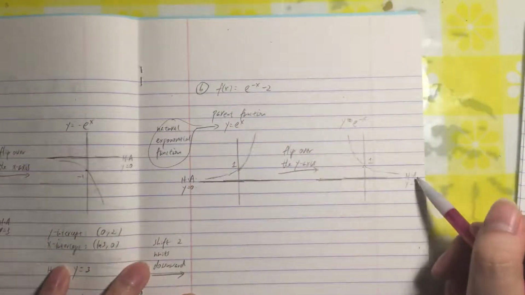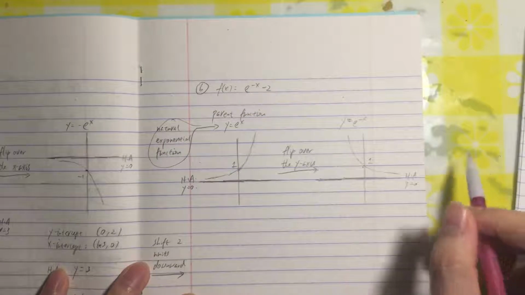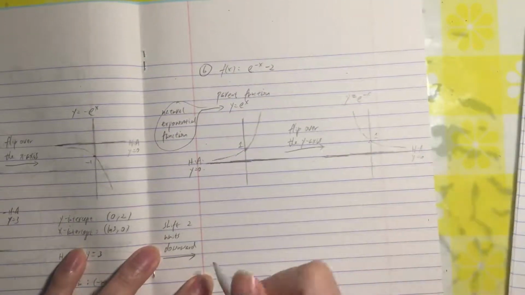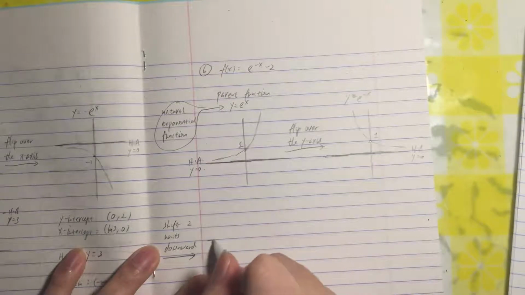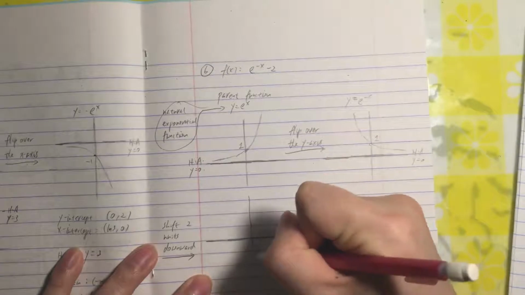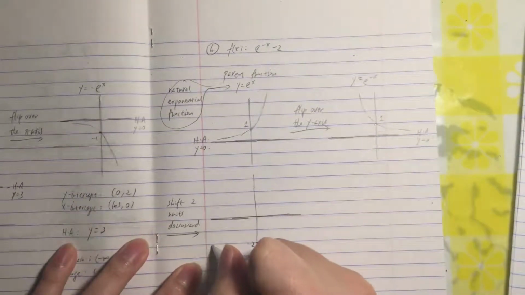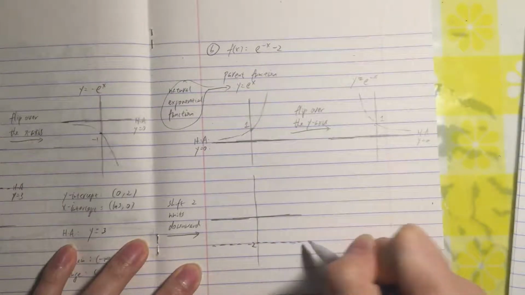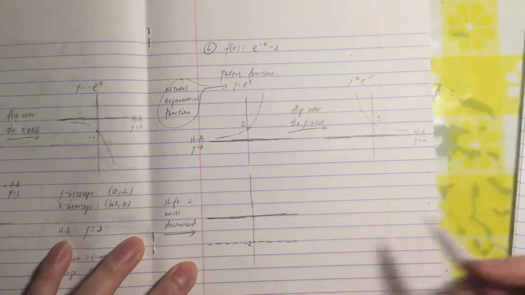Since the horizontal asymptote is y equal to 0, if I shift the graph 2 units downward, it becomes y equal to negative 2. That's the new horizontal asymptote.